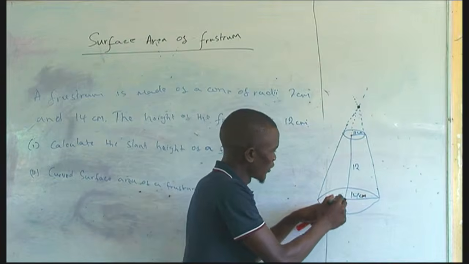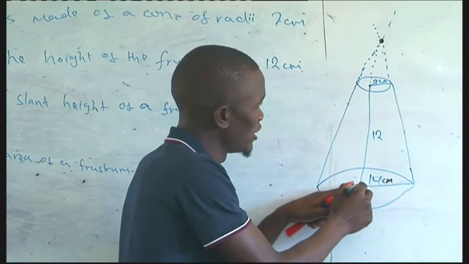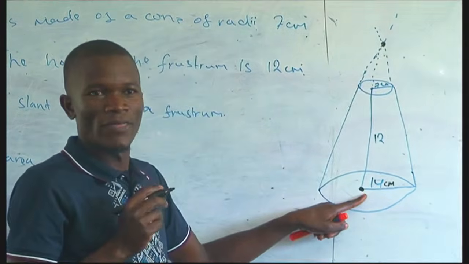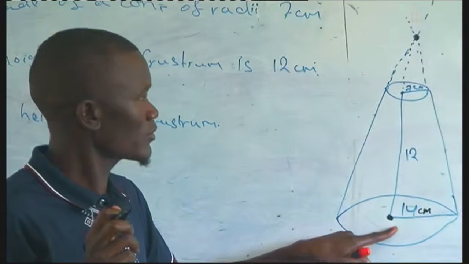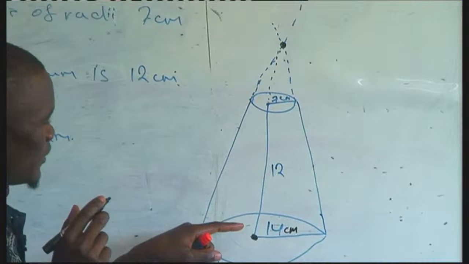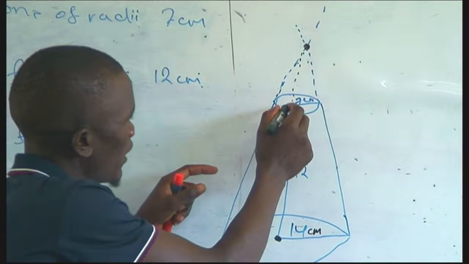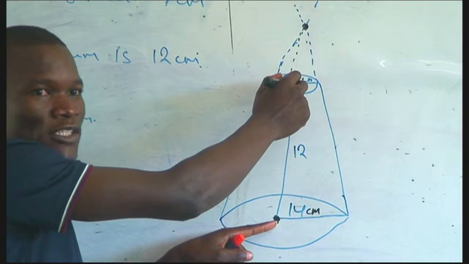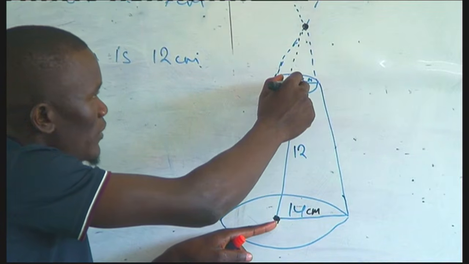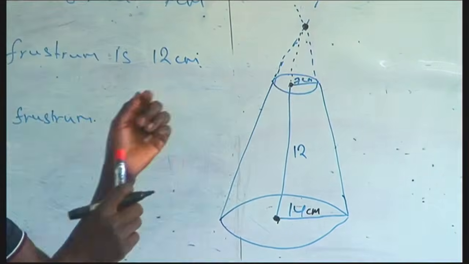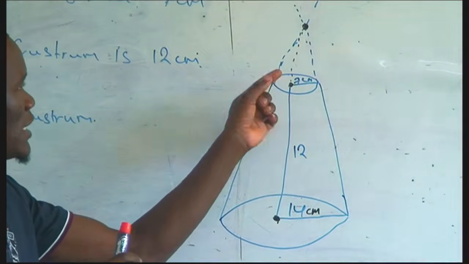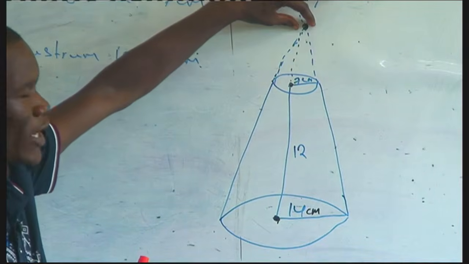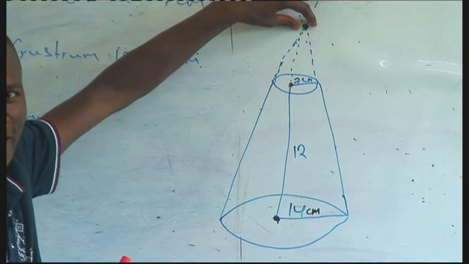The height of a cone starts from the base where 14 is, up to the point where the two slant heights are meeting. At the top of the frustum, from 14 up to the top of the frustum, we have 12. The part that we don't know is the part from where 7 is, up to the point where the two slant heights are meeting.